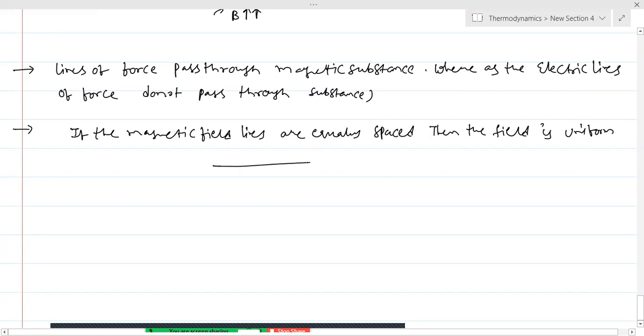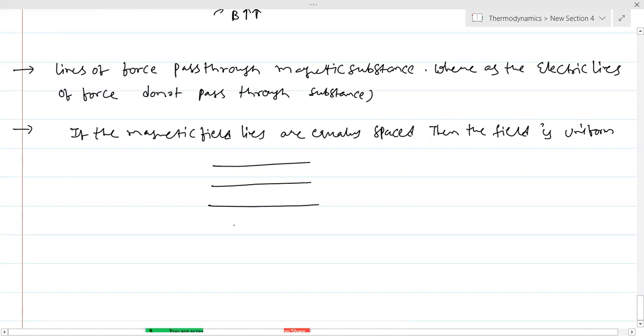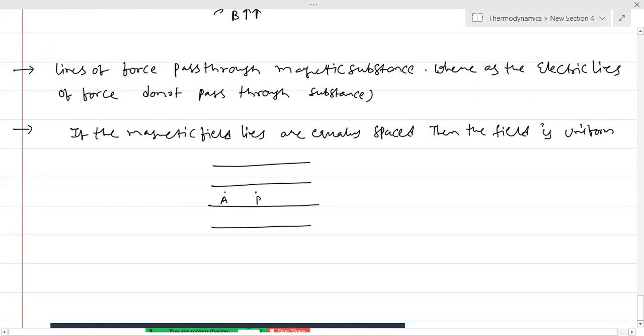For example, I am taking the lines of force which are parallel to each other and equally spaced. So wherever the position you take A, B, and C, the magnetic field at B is equivalent to the magnetic field at any point we are having. If the magnetic field is not equally spaced, we will call that a non-uniform magnetic field.